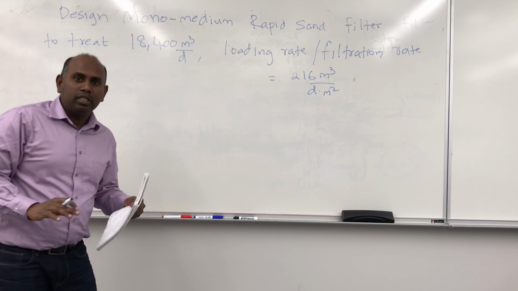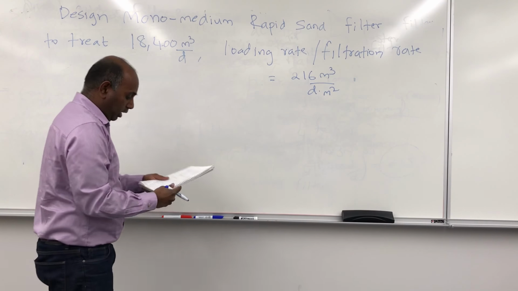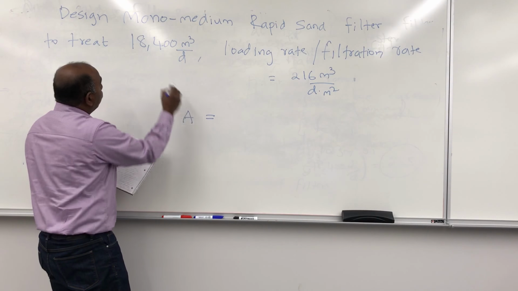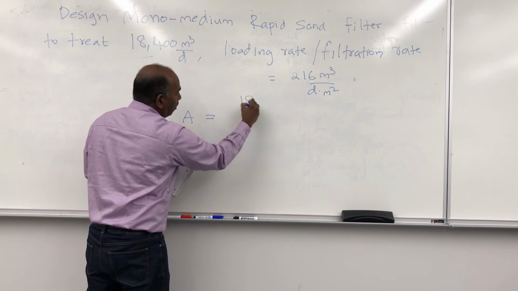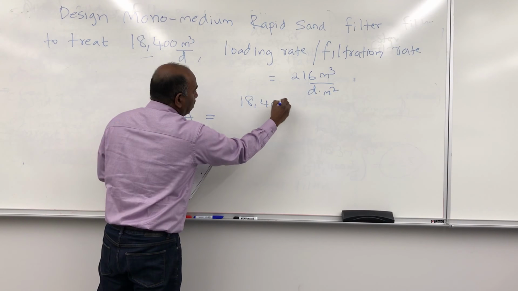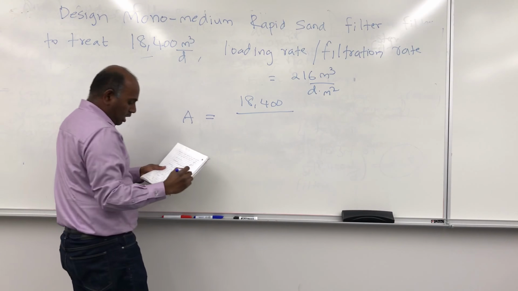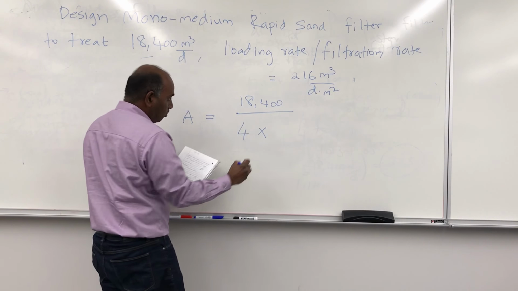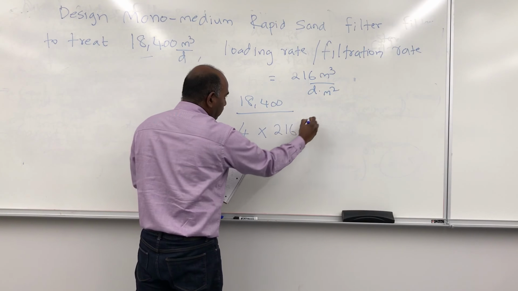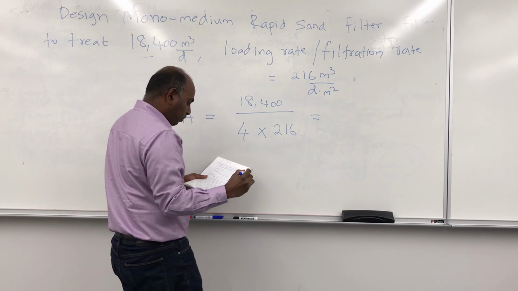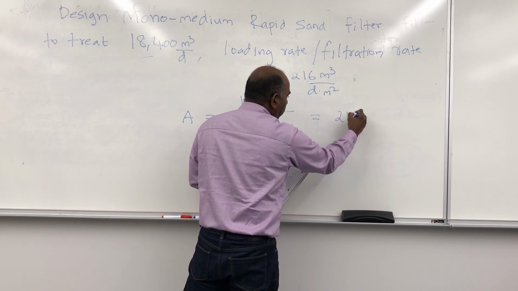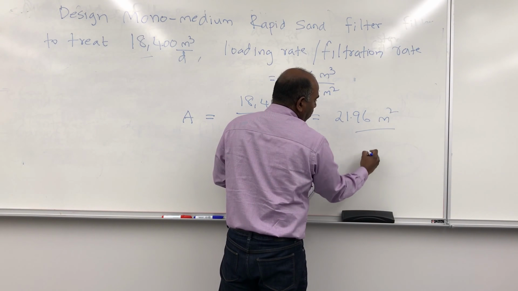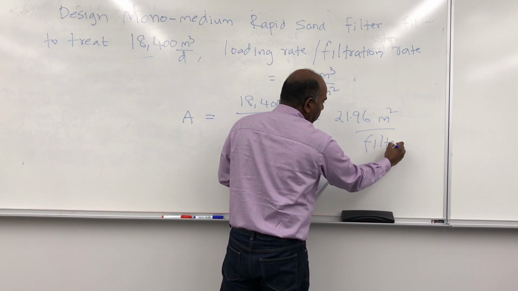So with these numbers, we are going to calculate the surface area, which is A equal to flow rate 18,400 divided by number of filters 4 times Q, this value 216. This comes out to be 21.96 meter square for each filter.